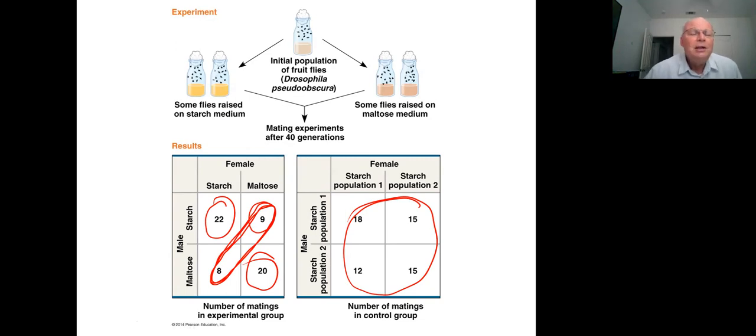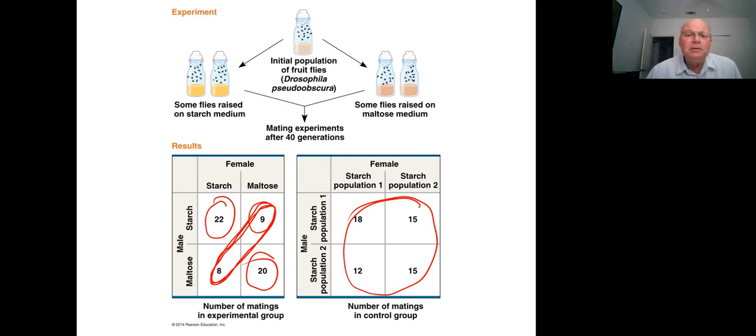It's not clear from the studies whether this is a direct reaction to the sugar source that they were grown on, or whether this is the product of other changes that led to mating preference as a consequence of being grown on different sugar sources.